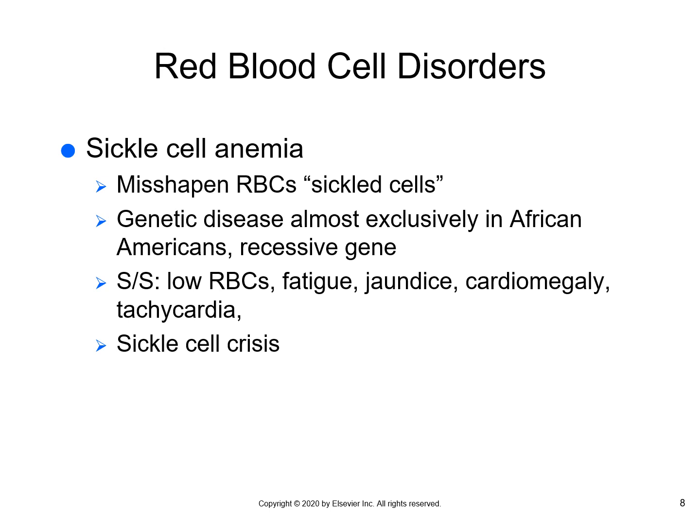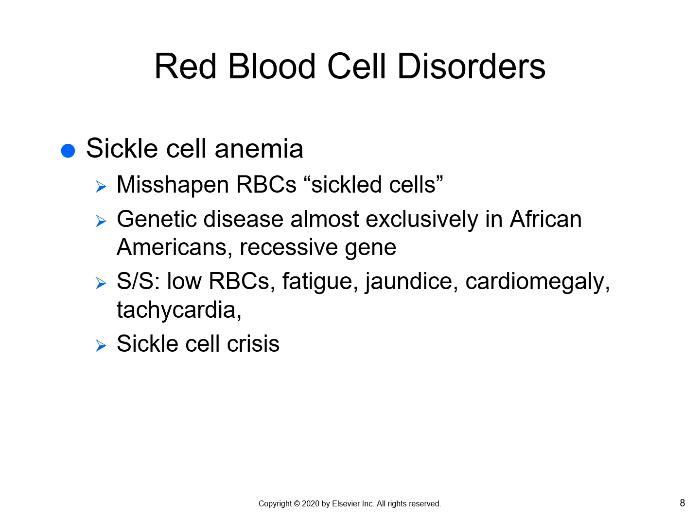So you're going to have signs and symptoms like fatigue, jaundice from the high bilirubin from the red blood cells that are being destroyed, and then cardiomegaly. The heart is going to be enlarged because it's trying to compensate for the low red blood cells in the body, and then tachycardia, same thing.